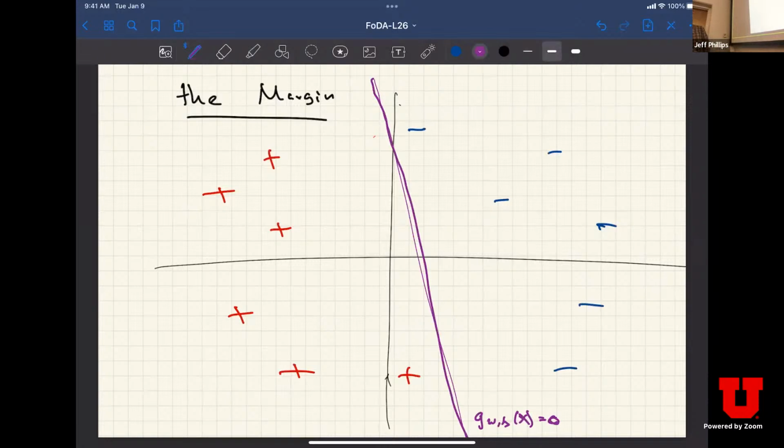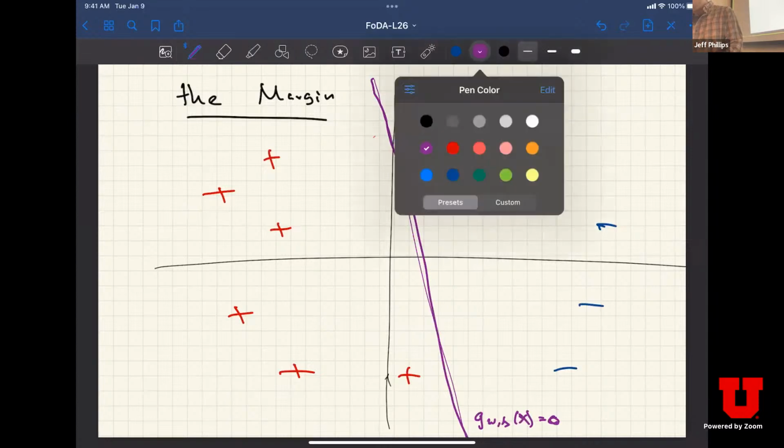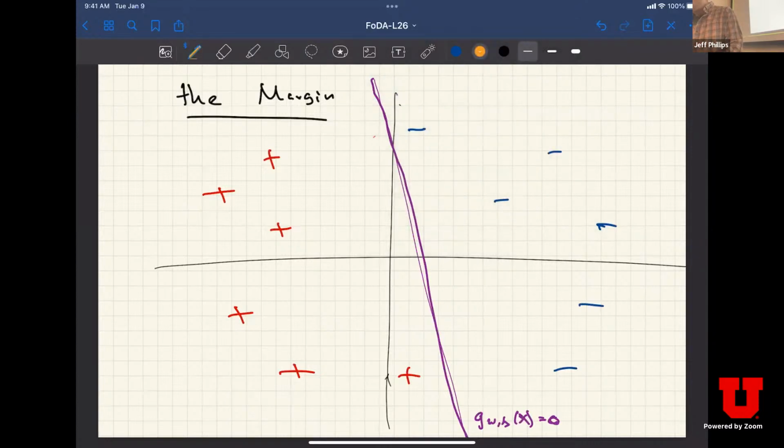And now I want to define the margin. The margin is going to be the distance to the, so this is the margin. This is the distance to the closest point to being misclassified, okay?